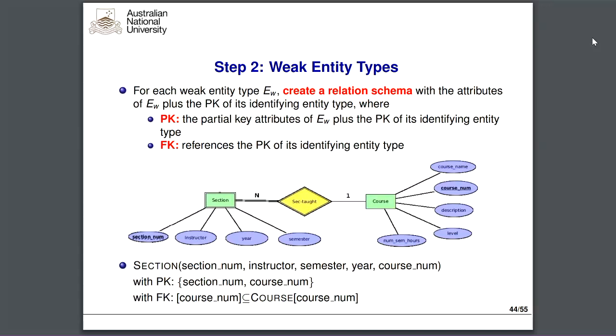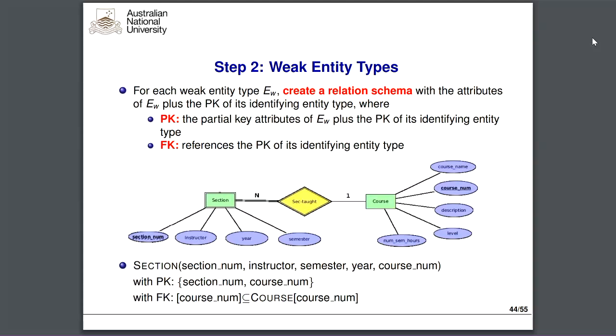Now the primary key has to come from the partial key attributes inside this weak entity, plus the primary key of the identifying entity type, which is in this case. So here, foreign key reference from the primary key of its identifying entity type. So here, this diamond has a double line as well, right?